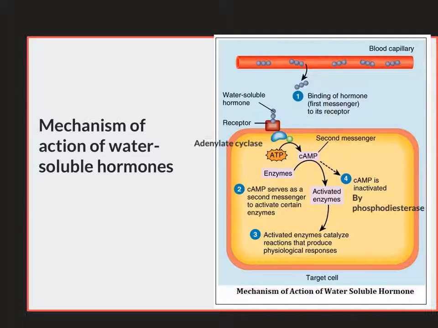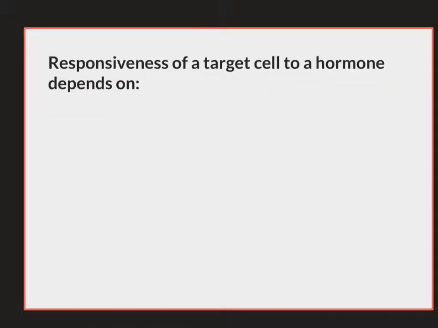If not, then it will be shut off in that brief period by phosphodiesterase. Therefore, if hormone levels are higher, there can be longer lasting effects on the target cell than if hormone levels were lower.